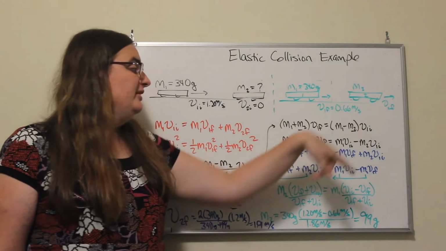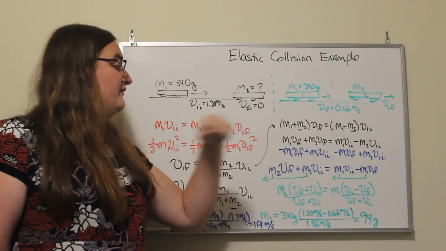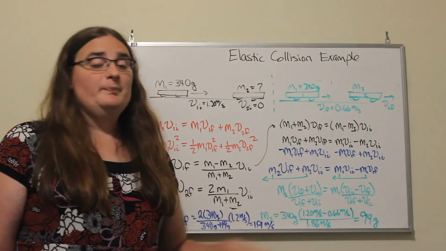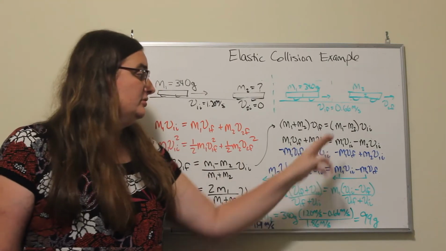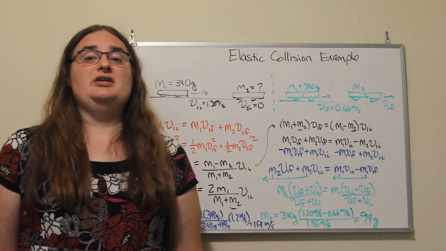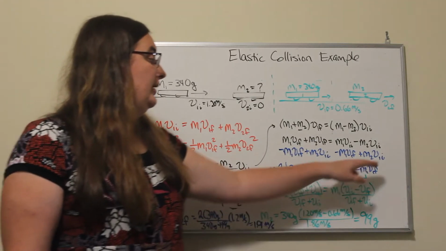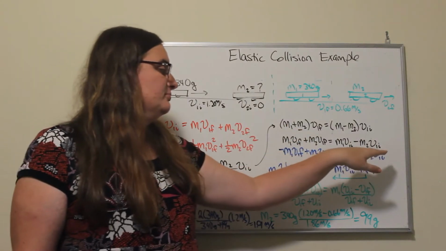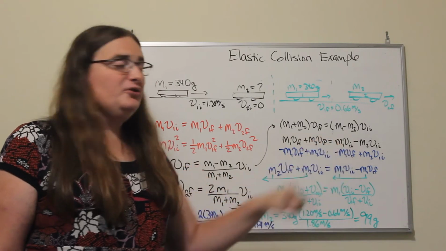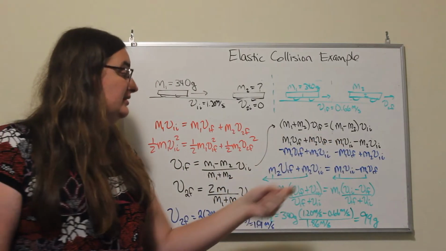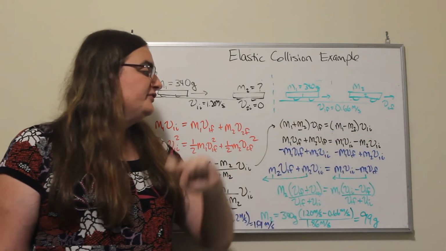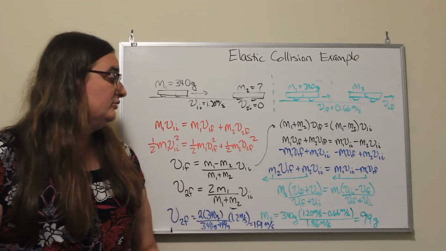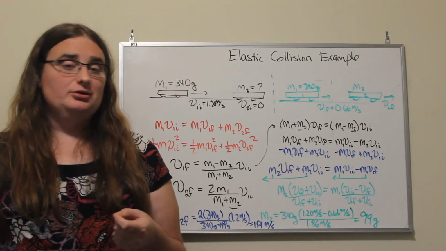So if I distribute out those speeds, I have m1 v1 final plus m2 v1 final equals m1 v1 initial minus m2 v1 initial. So I'm going to move my m2 terms to the left and my m1 terms to the right. So I subtract both sides by m1 v1 final, and I add m2 v1 initial to both sides. So I have m2 v1 final plus m2 v1 initial.